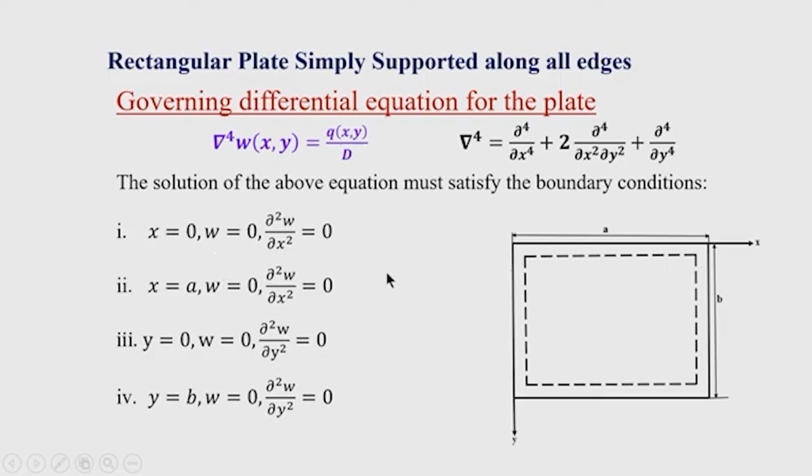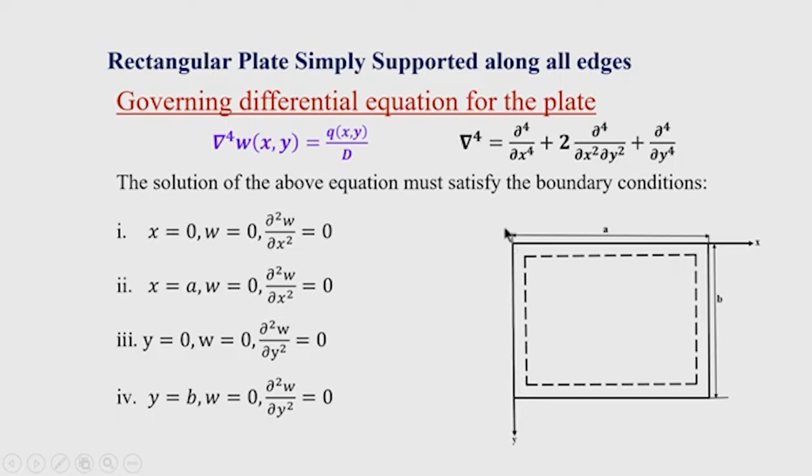Now, the bending moment equation you know is given by minus D into del square w by del x square plus mu into del square w by del y square. Since bending moment is 0 here and bending moment contains curvature in two directions in general, you can see this edge, x equal to 0, is along the y axis.